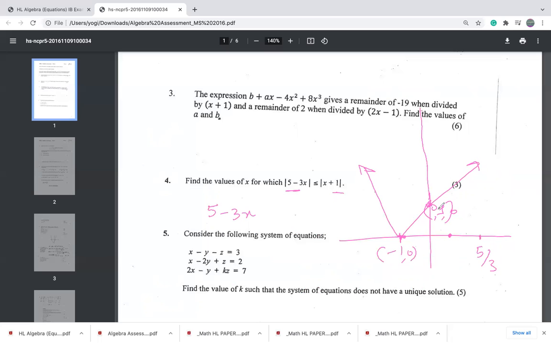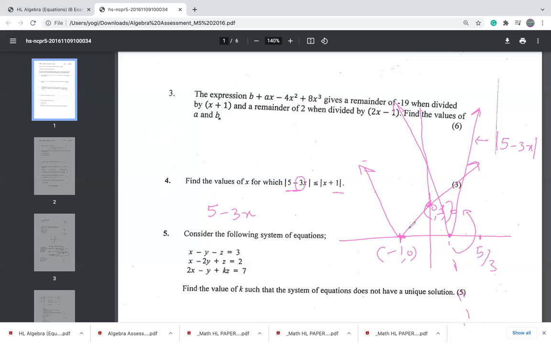This line has a higher slope, so it'll be a more steeper line like this, and here it'll be more steeper like this. For the absolute value, whatever part is below the x-axis gets reflected in the x-axis. So that's the absolute value of 5 minus 3x.